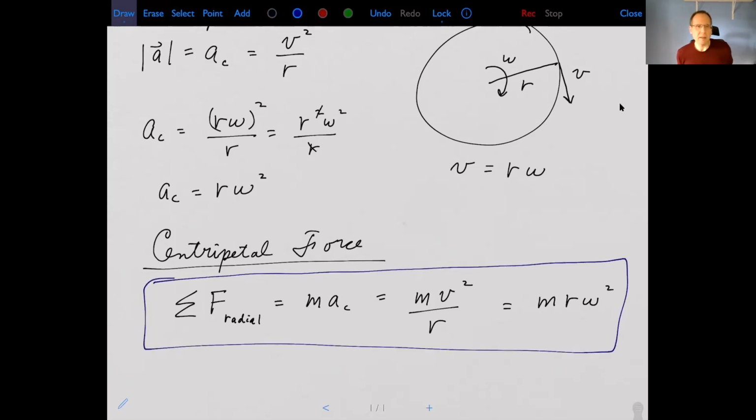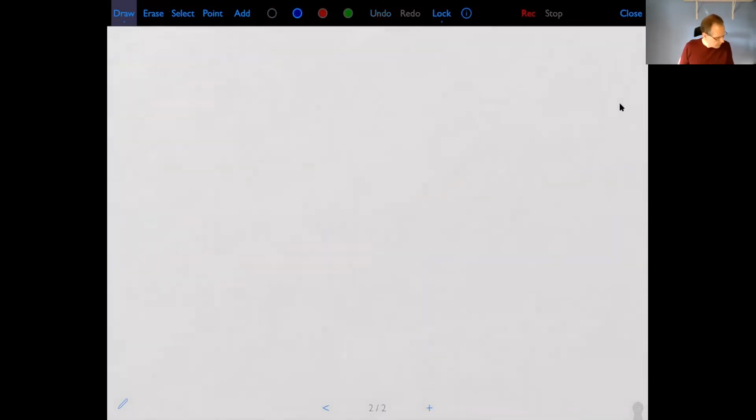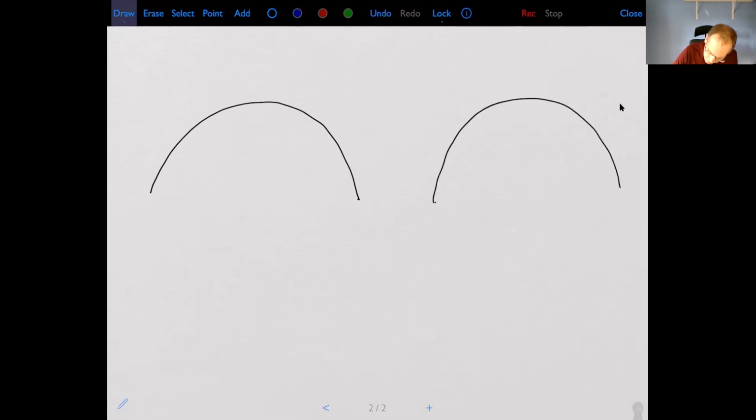All right, the second thing I want to talk about deals more with the roller coaster track and the loop track. Actually, let me go to a new page here. So let's say we have a curved surface, and we're going to assume it's circular.